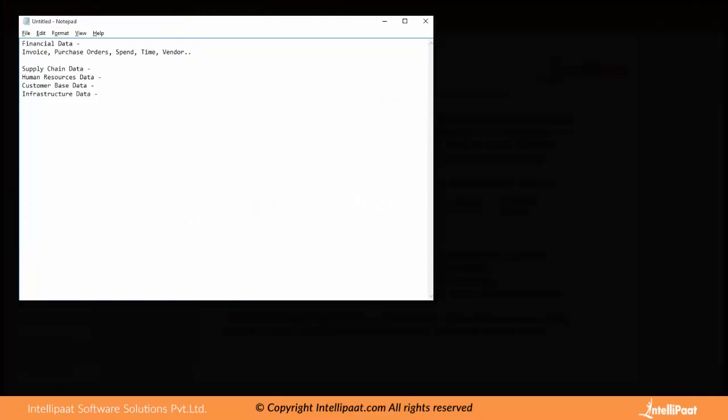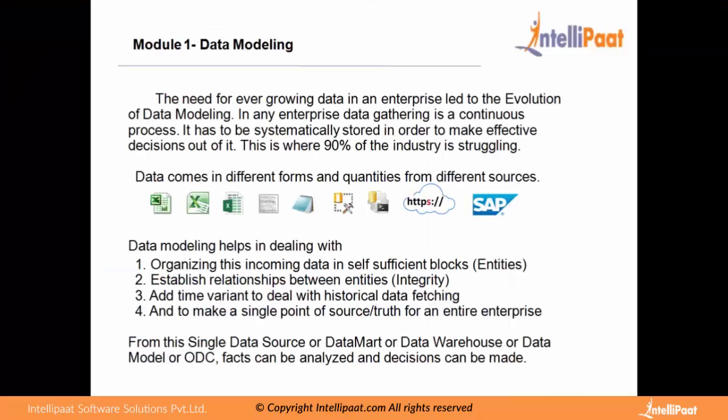Going forward, the classes will cover in great detail what entities are, how to identify them, how to structure them, and how to establish this integrity. You don't need to worry about them at this point in time, but you have to understand that data modeling starts by understanding the entities in the data, then the integrity among them.